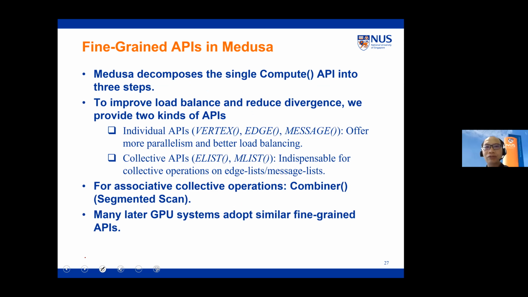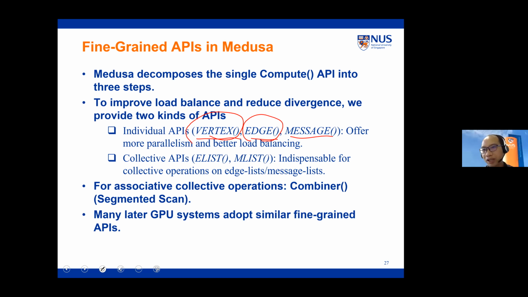So our design, instead of a single compute API, divides it into fine-grained APIs: Vertex, Edge, and Message. We decomposed one compute API into three APIs so that you can implement the logic inside each of them. For example, in PageRank, the Vertex API applies the ranking function, and the Edge API sends the partial rank along to the neighbors.